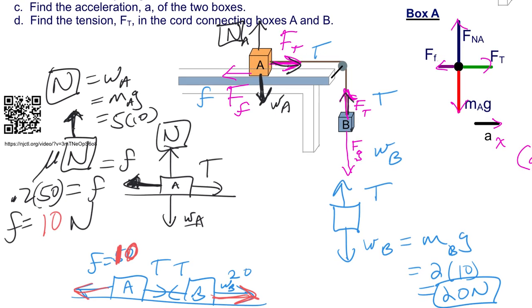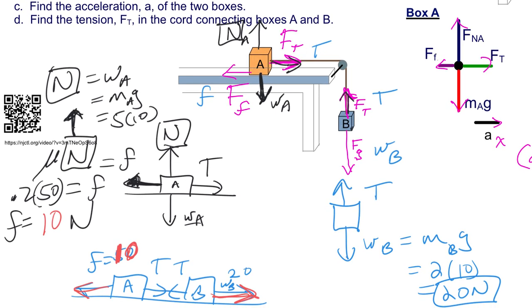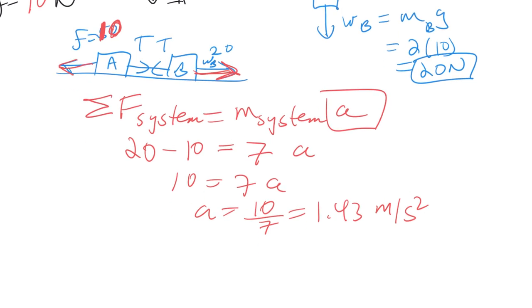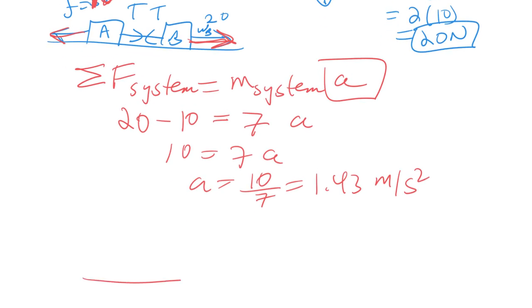Next, find the tension in the cord. So, let's pick the easier one. Nah, nothing's easier. It doesn't matter which you pick, A or B. I'll pick A. So, we got tension here, we got friction here.